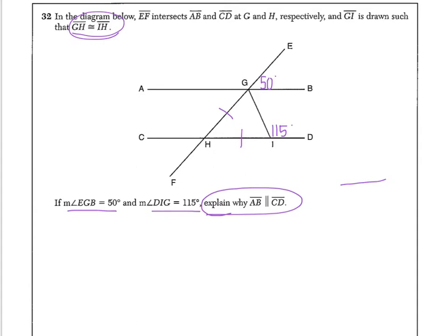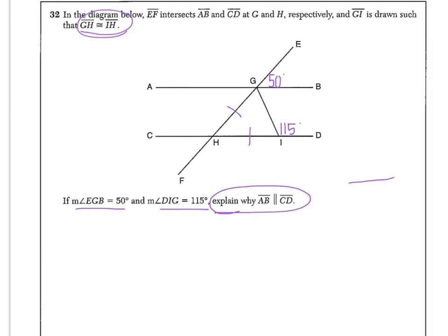Now, in order to get parallel lines, we have to have congruent angles. And we have many options for that. The first option is alternate interior angles congruent. That's your average Z. The next option is alternate exterior angles congruent.